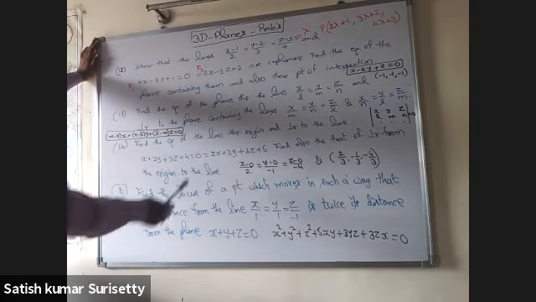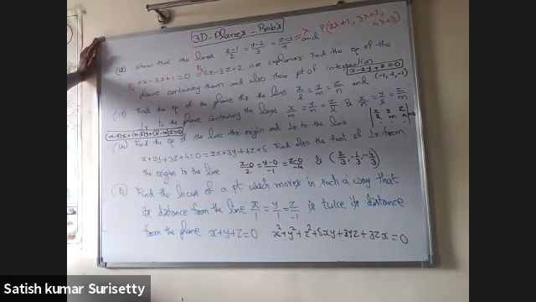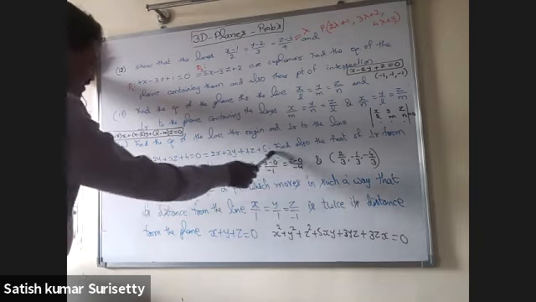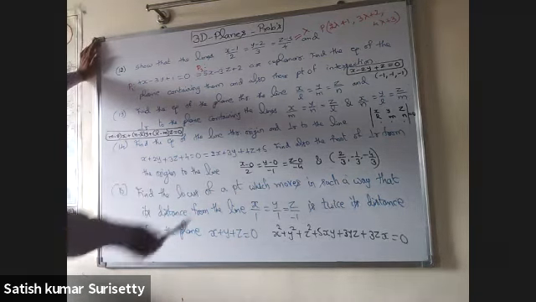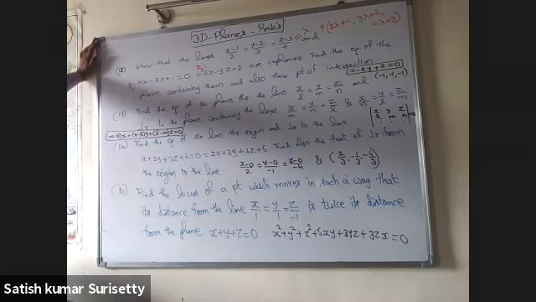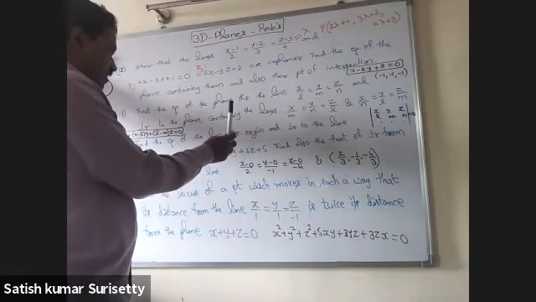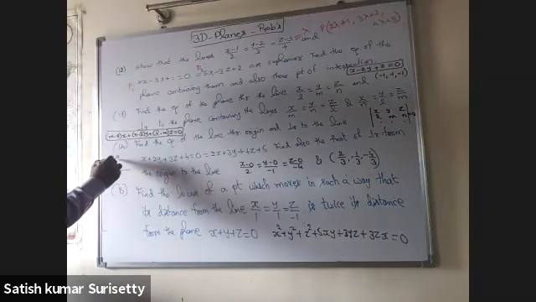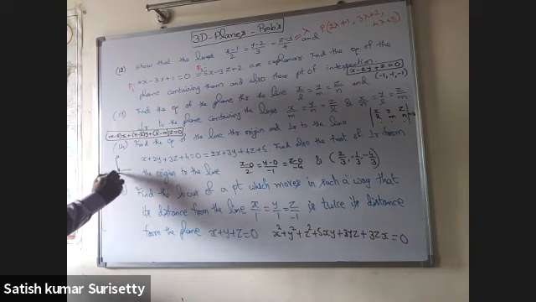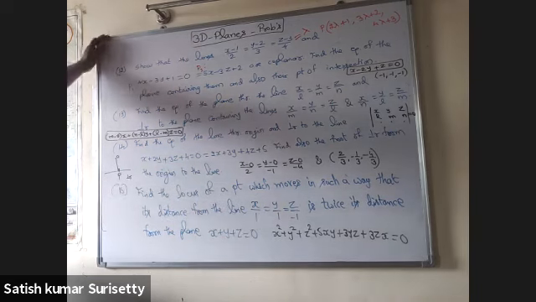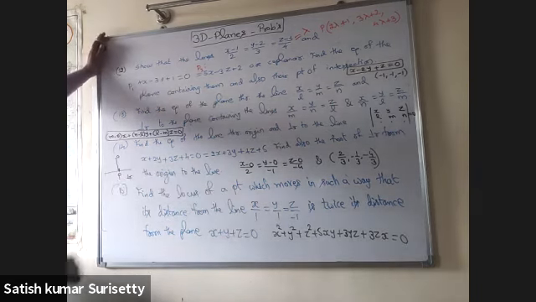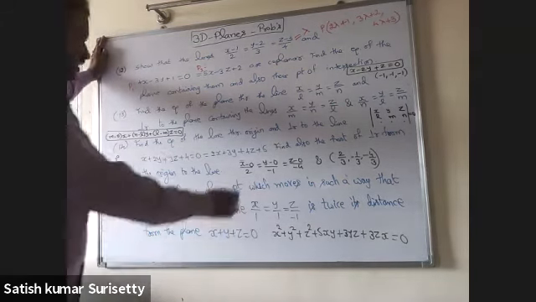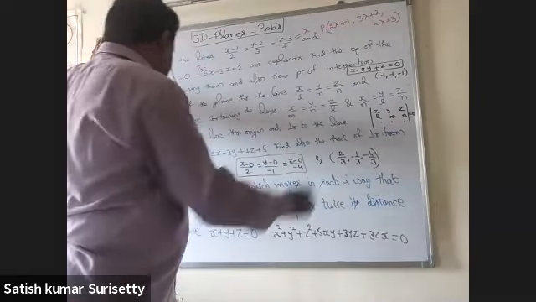After writing it in symmetric form, you take a general point on this line and take it as the foot of the perpendicular. Then calculate the direction ratios of the line joining origin to the foot of the perpendicular. Take the foot of the perpendicular as P. Then OP bar is perpendicular to the line. Then you will get the coordinates of the foot of the perpendicular as well as the equation of the line. So the equation of the line is this and the foot of the perpendicular is this.